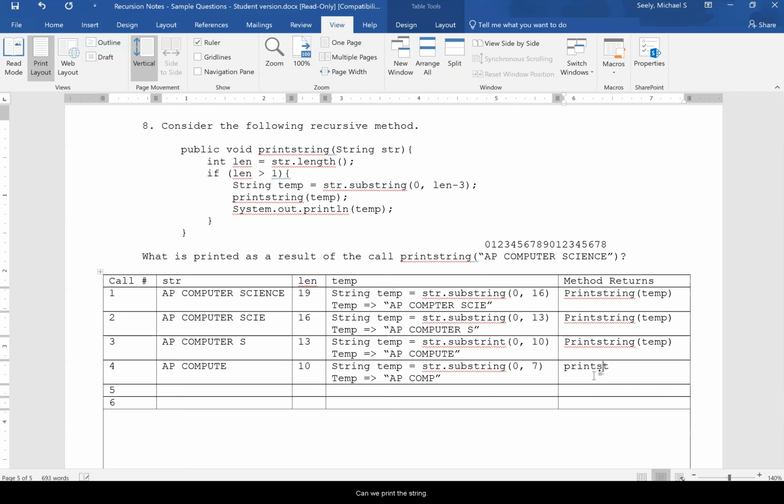Then we print the string temp. So AP comp, and this is a length of 7, so temp is set to APC.